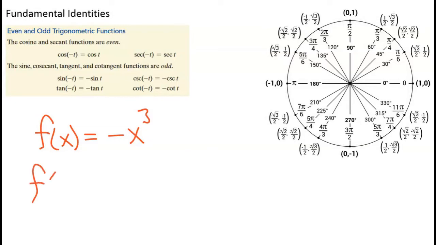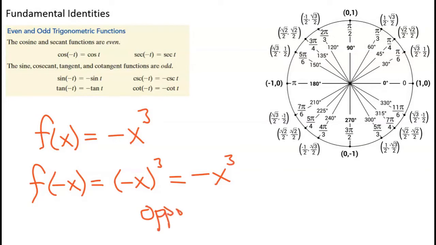Because when you plug a negative value in and simplify it, that would be negative x to the 3rd, and I raise a negative 1 to the 3rd power, that gives me negative x to the 3rd without the parentheses. In other words, you get the opposite. Odd means opposite, sign-wise anyway. So if I plug in a negative x, I would get the opposite of what I get when I plug in a positive x value.